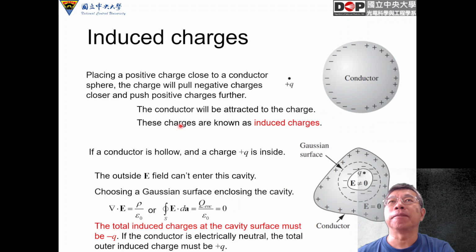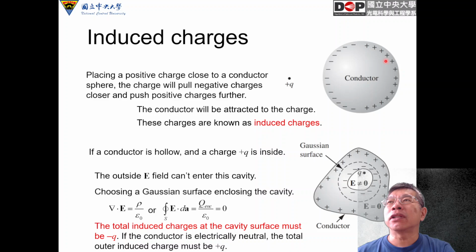That's the idea of induced charge. By placing a positive charge close to the conductor, the free moving charge will be attracted by the charge you place outside. It will flow to the surface, where it cannot go outside, so it accumulates and stays on the surface.